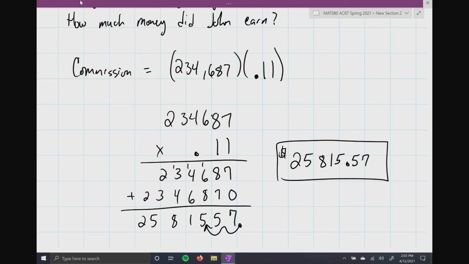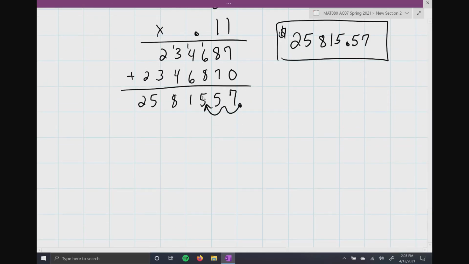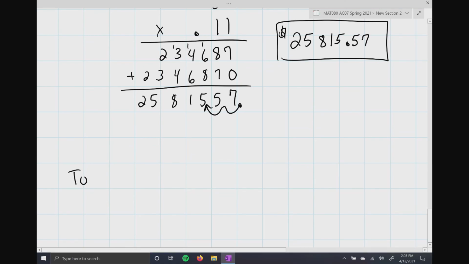Okay, so let's look at another formula here. We're going to look at total earnings. Total earnings kicks in when you actually have a base salary. So total earnings equals your base salary or base pay plus commission.